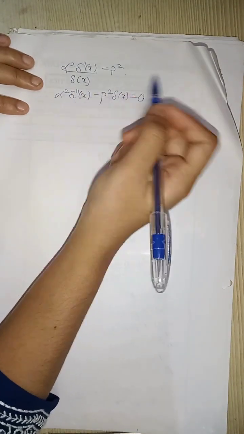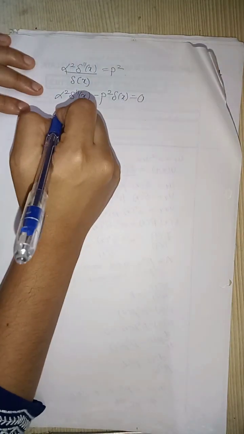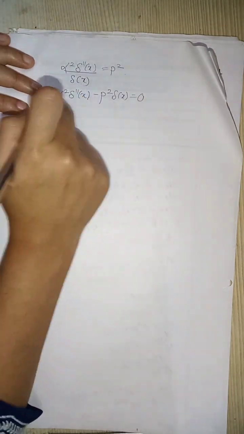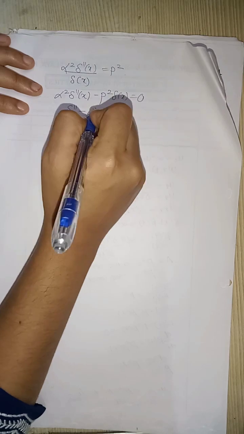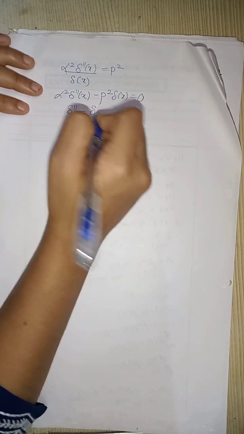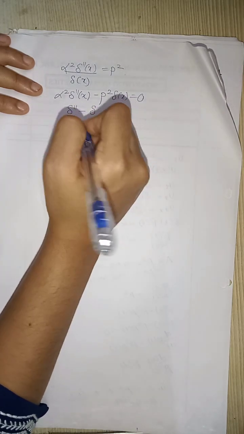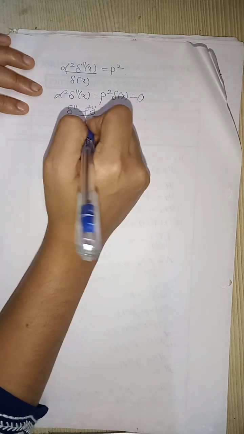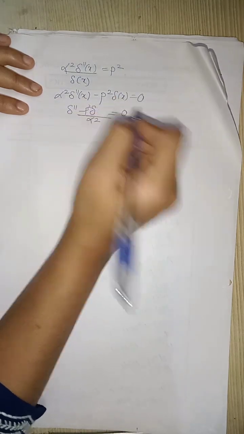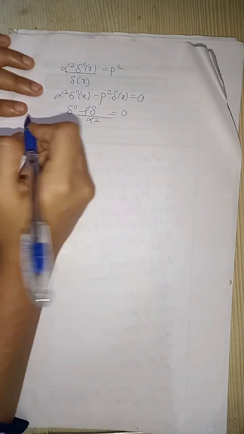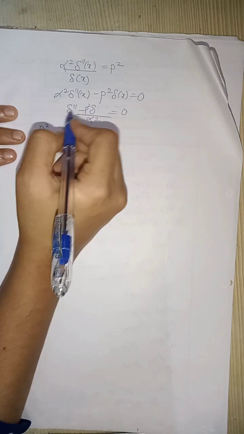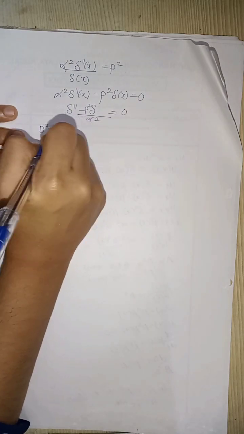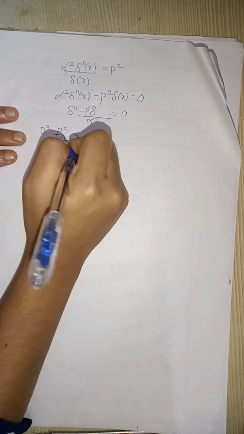Instead of writing delta x and delta double dash x, we can simply write delta. Dividing by alpha square, we'll get delta double dash minus delta p square upon alpha square equals 0. So now we'll get this as d square minus p square upon alpha square equals 0.